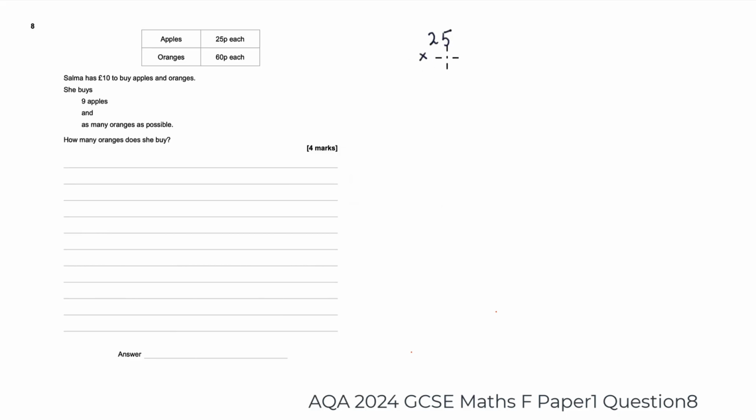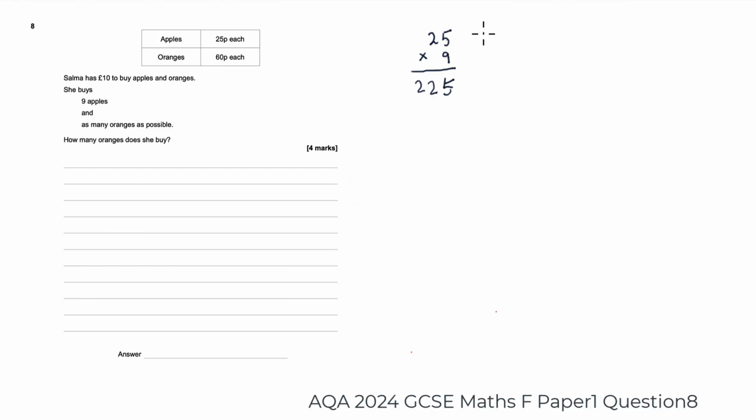So if we multiply 25 by 9, we should be able to work out what she's spent. Well, 9 5s are 45, and that's a 4 we need to carry. 9 2s are 18, and that 4 gives us 22.